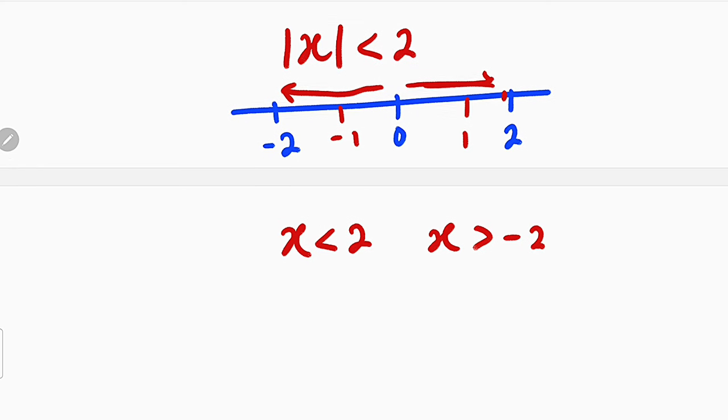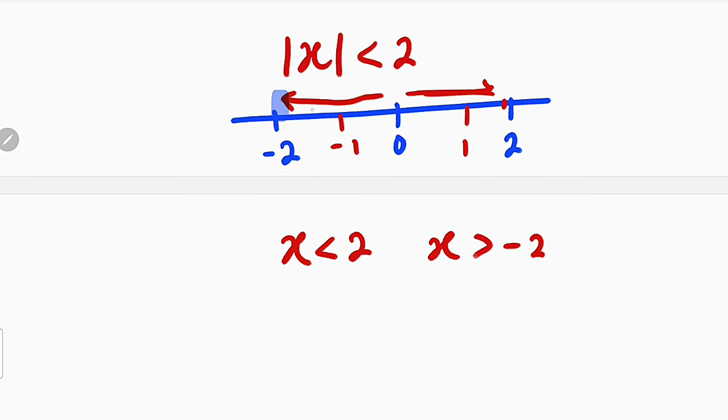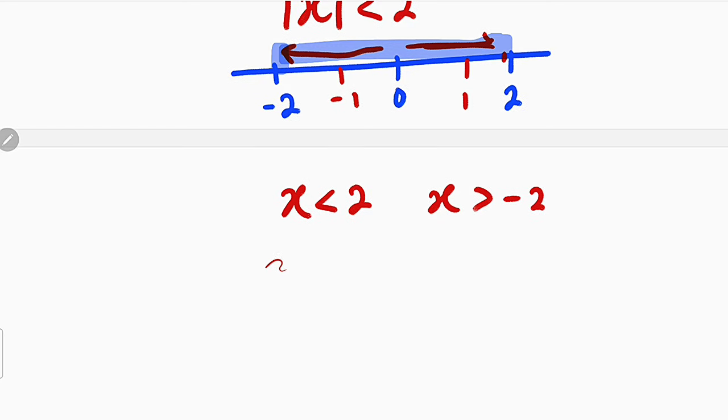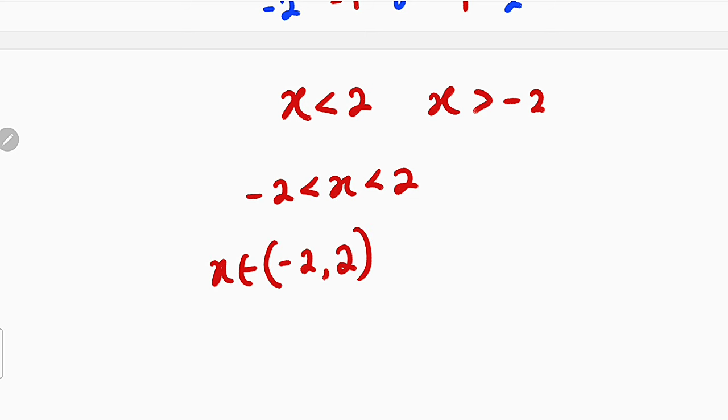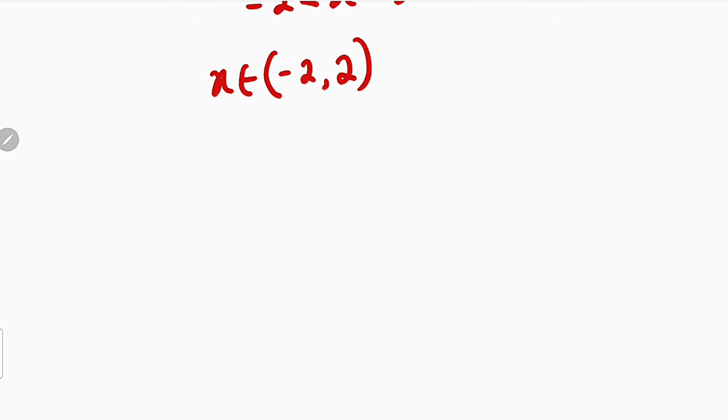So you can clearly see that the solution is from negative 2 up to positive 2, which you can write like this: negative 2 less than x less than positive 2. Or in interval notation, x belongs to the set of values from negative 2 to positive 2.